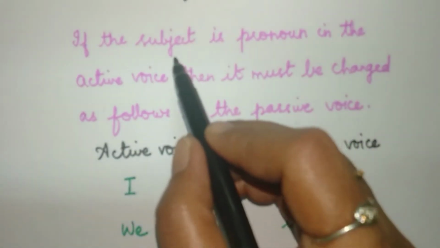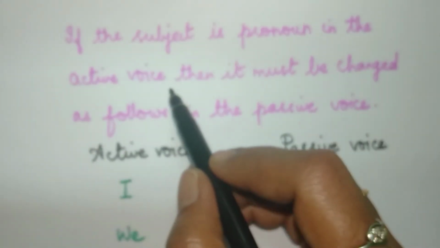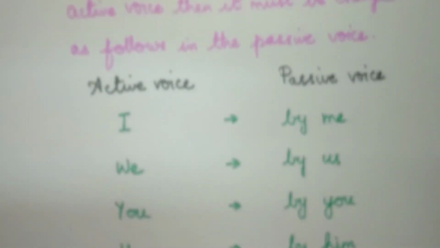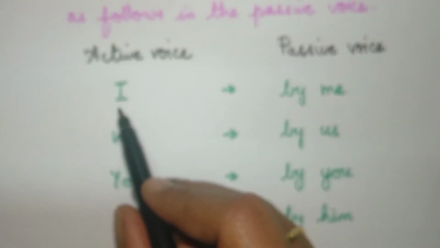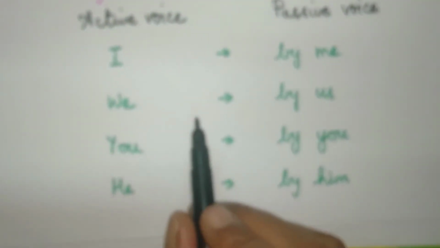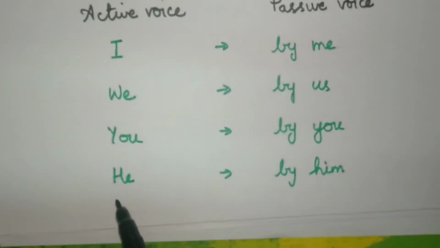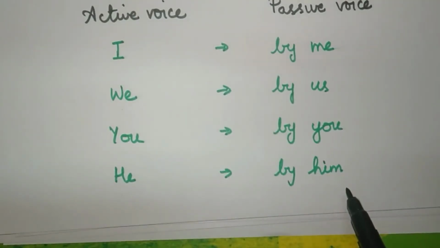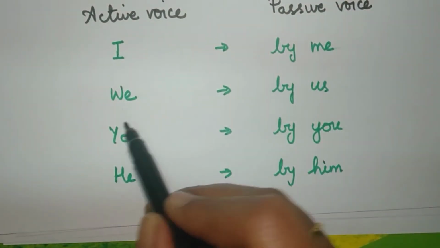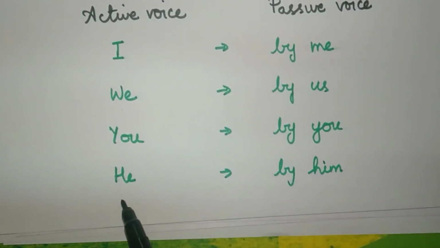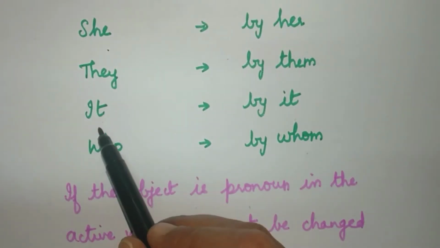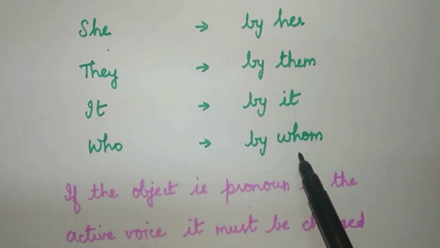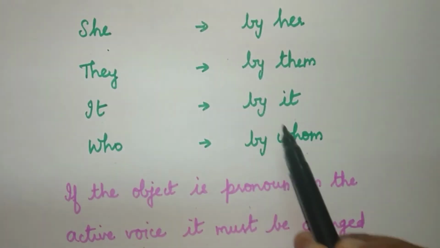So I means by me, we means by us, you means by you, he means by him, she means by her, they means by them, it means by it, and who means by whom. We are changing in the passive voice like this way.